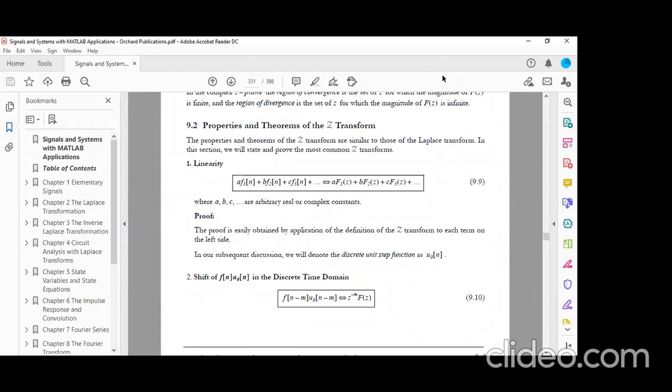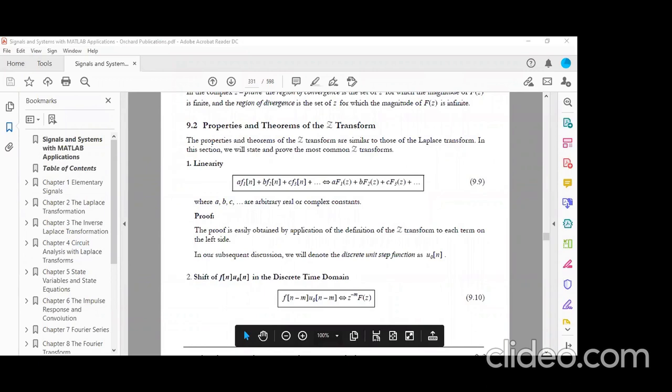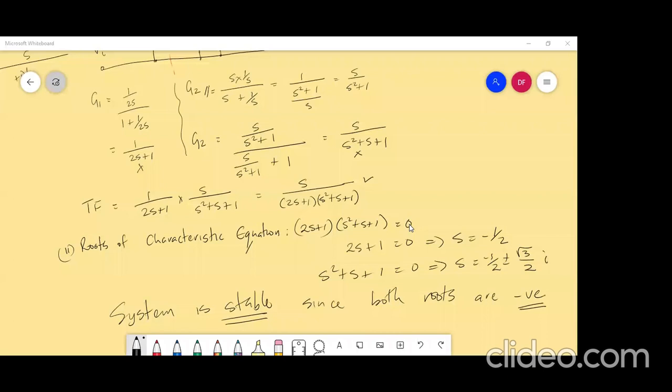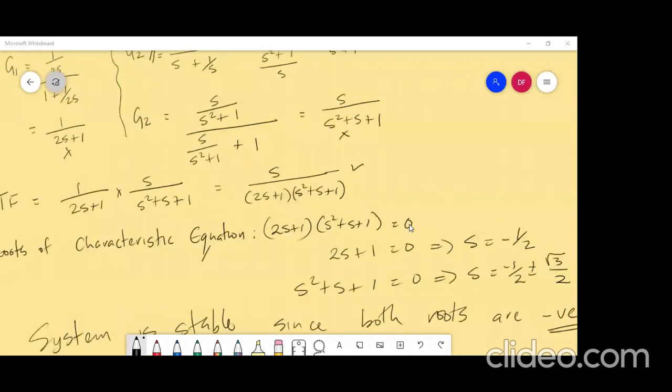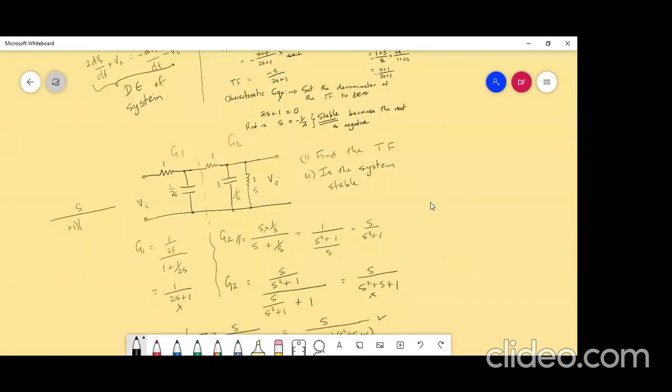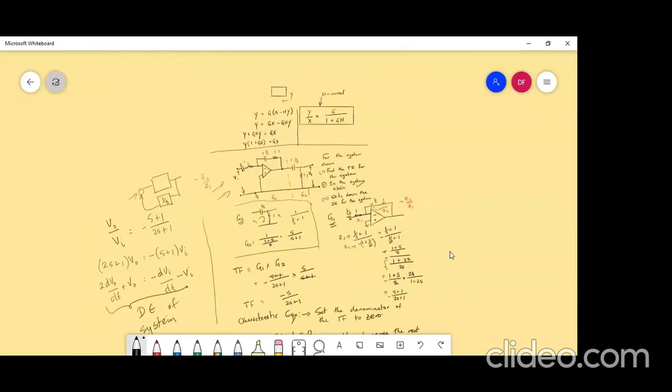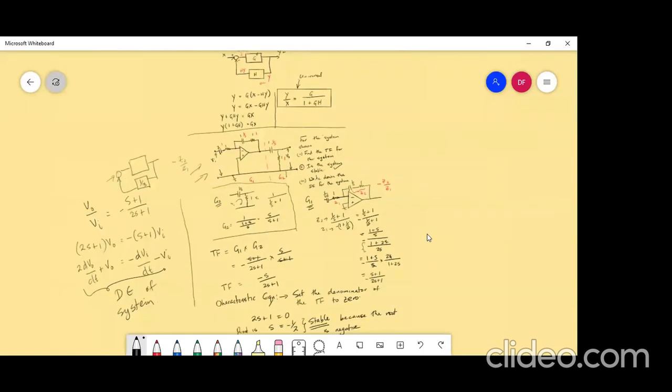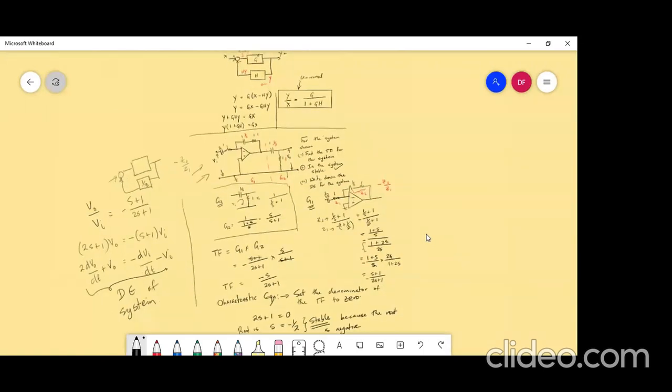Sir, could you go back to the board? The first example that you did when you were finding G2. Not sure if I wrote on the wrong thing or something. This one here? Oh, yes, sir.